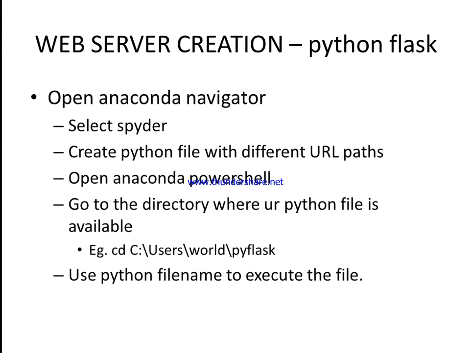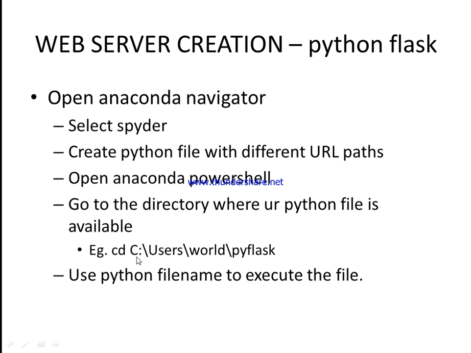The location where you are saving that file has to be changed to in this Anaconda PowerShell. For example, in my system I have stored this Python file, firstapp.py, within this particular directory.